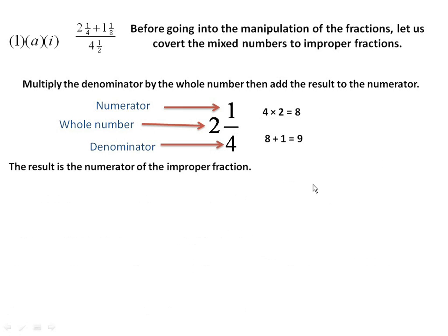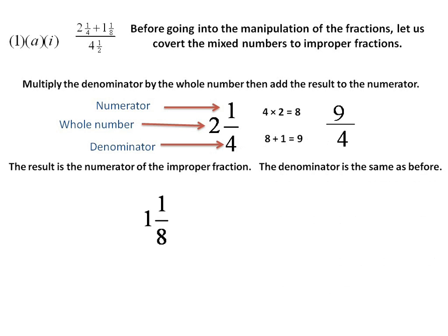Let us see if by the time we get to the next one, we will have anything to write home about. So the 9 will be the numerator of the improper fraction, and the denominator will be the same as before. Next, 1 and 1/8.